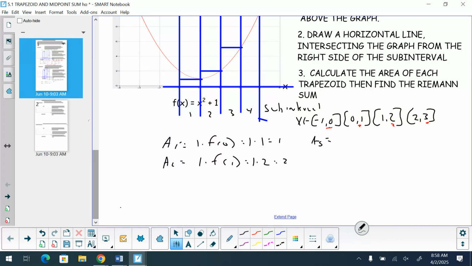A3 is going to be 1 times f at 2, which is 1 times 5, and A4 is 1 times f at 3, which is 1 times 10, which is a value of 10. So we can add these up, 1 plus 2 plus 5 plus 10. So we get 18 squares.